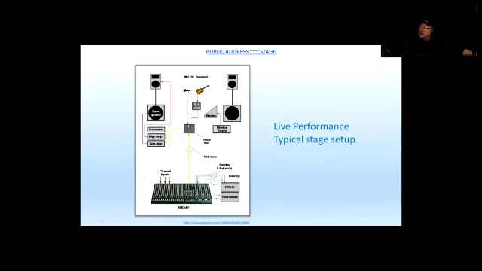Those two halves of the signal are sent independently and dealt with independently. So the people at the front of the house don't have to worry about what's happening in the stage monitor mix. They just care about how the sound is supposed to sound properly through the front of the house speakers, the main speakers. And that's the best way of doing it.